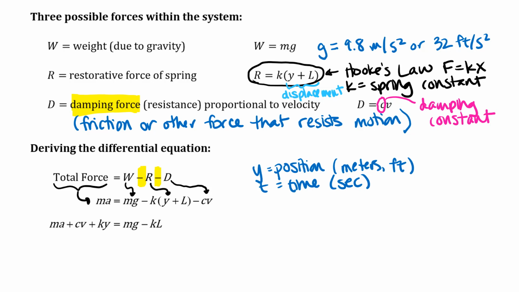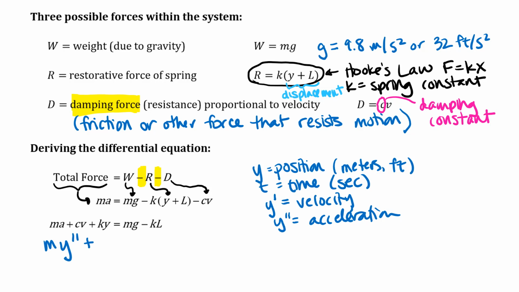If y is our position at time t, then the first derivative, y prime of t, is the velocity, and the second derivative is acceleration. That gives us our differential equation: mass times acceleration plus c, a constant, times velocity, plus k, another constant, times y, equals mg minus kl.